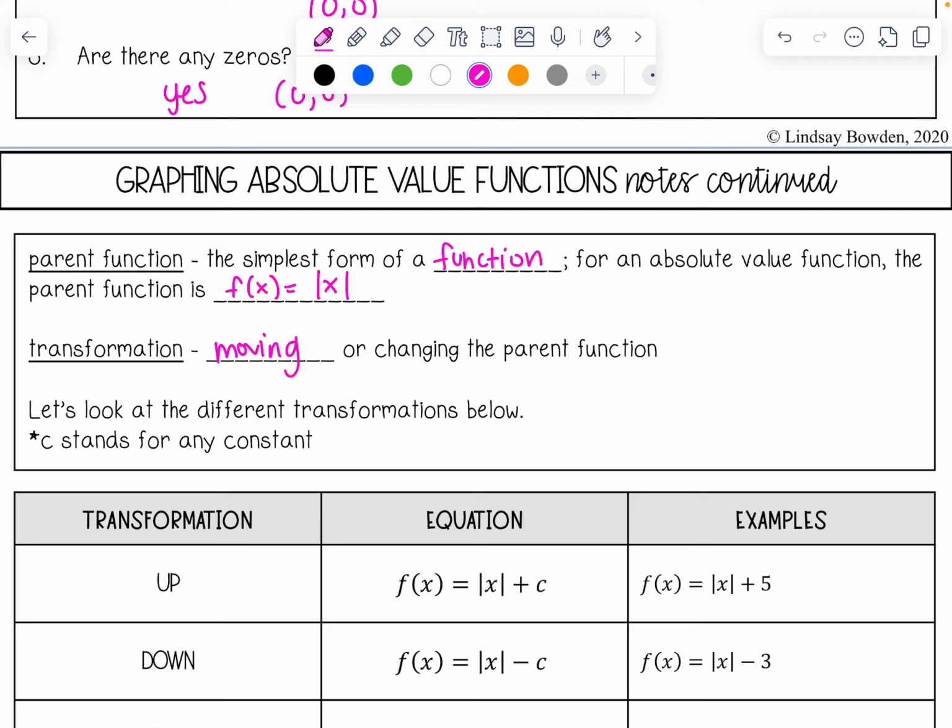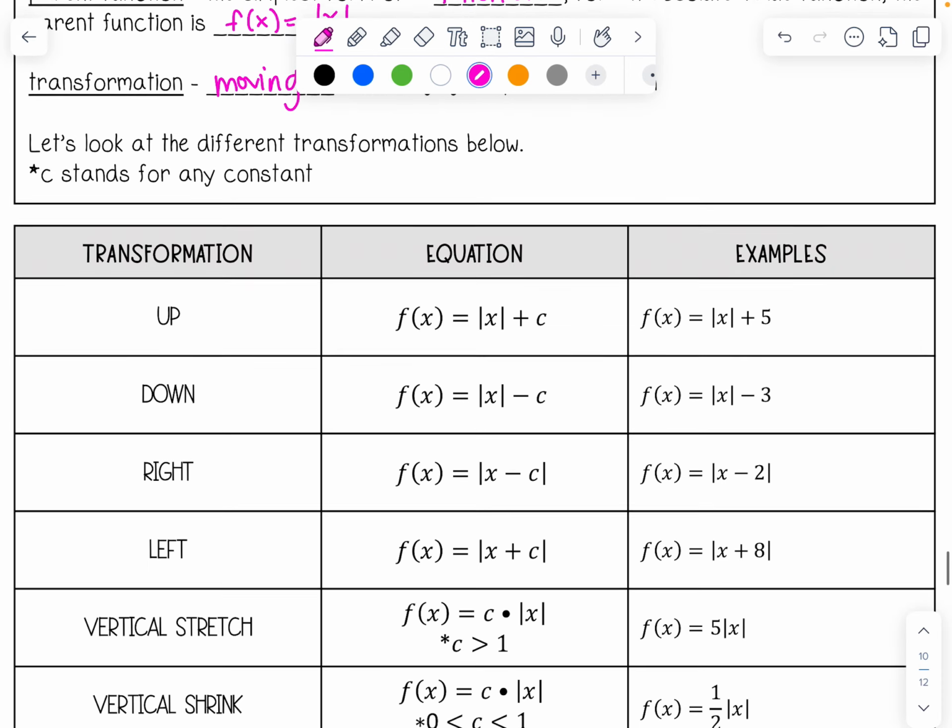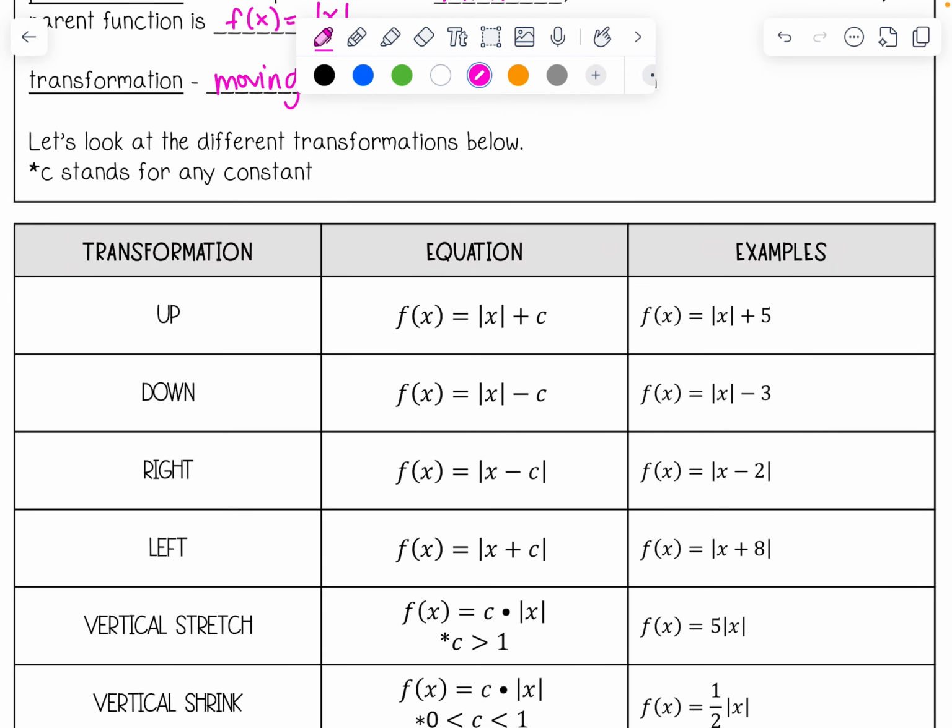So let's look at the different transformations. So for example, if you wanted to move that graph up, you would add a constant, which is just a number, to the outside of the absolute value expression. So for example, the absolute value of x plus 5 would move that graph up 5.